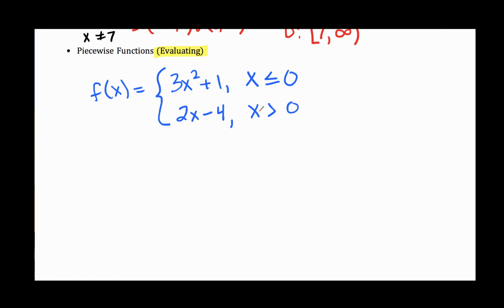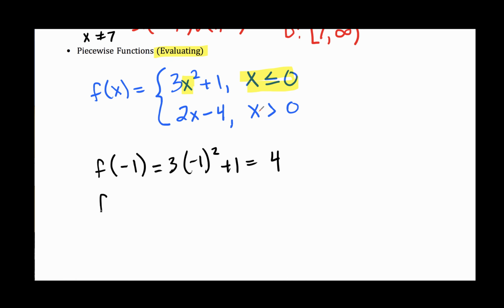If I asked you to evaluate f of -1, for instance, you would have to use this first piece since -1 is a number less than 0. Since -1 is less than 0, I'm going to put -1 in for this first piece of the piecewise function. So we get 3 times -1 squared plus 1, which is 3 plus 1, 4.